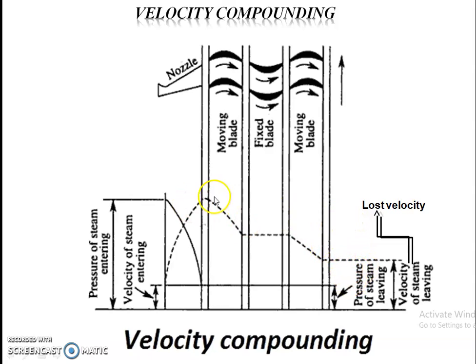The inlet velocity of the steam is 1100 meters per second. But using velocity compounding, the velocity is reduced by 1 to 2 percent.